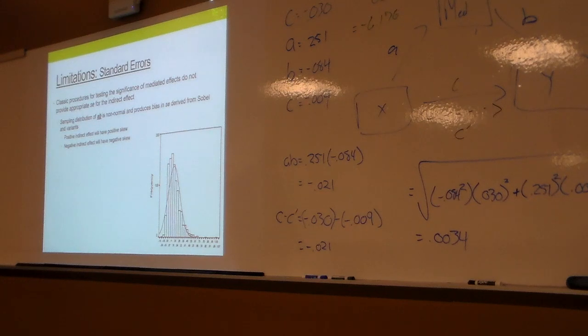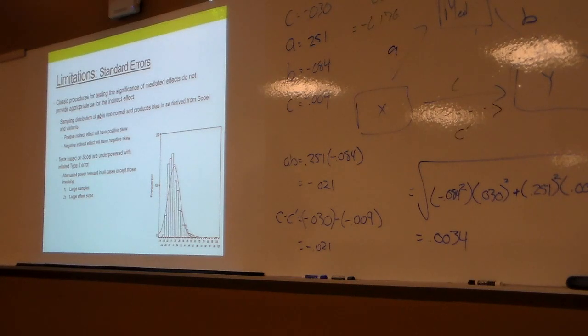It's going to be skewed, right? If I have a positive indirect effect, I'm going to have a positive skew. Here, I have a negative indirect effect, so it's going to have negative skew. And so Sobel assumes that this is the standard deviation, the average difference this way and that way, right? It's a normal theory test, but we're applying a normal theory test to a statistic that doesn't have a normal distribution. And so Sobel provides an approximation of our standard error, but it's not exact.